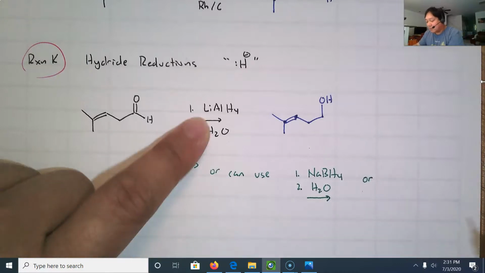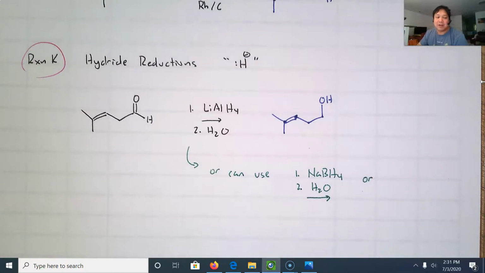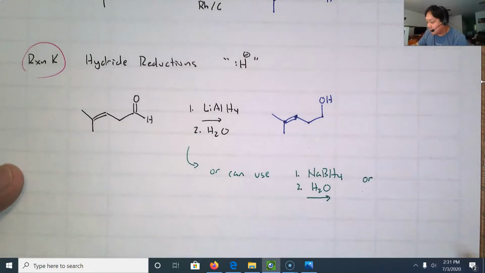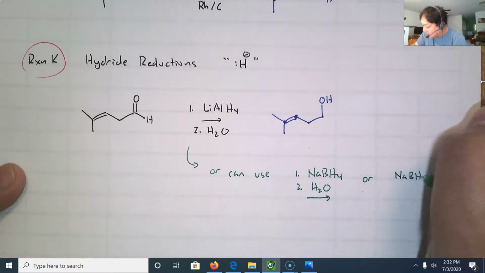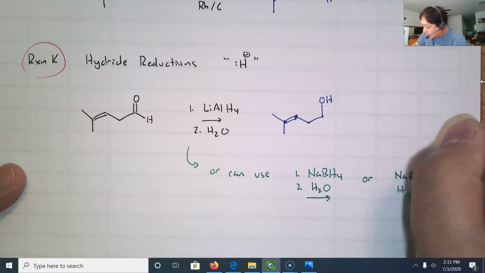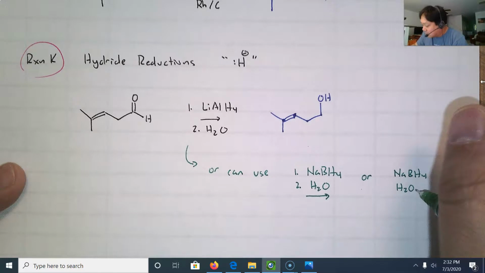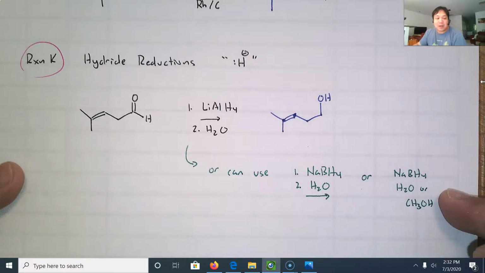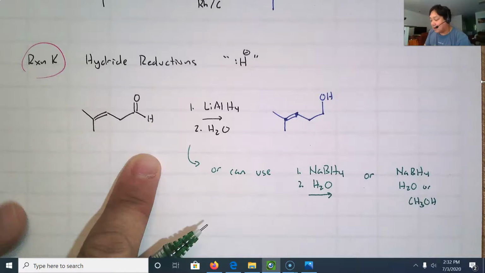We have to keep these two separate because lithium aluminum hydride with water can create a fire. But sodium borohydride is a little bit less volatile, so you can keep them together if you want. I know I do a lab with my class. I use not water, but I use methanol. But in this case, everything's in the pool. Everyone jumps in the pool. So that's the hydride reduction.